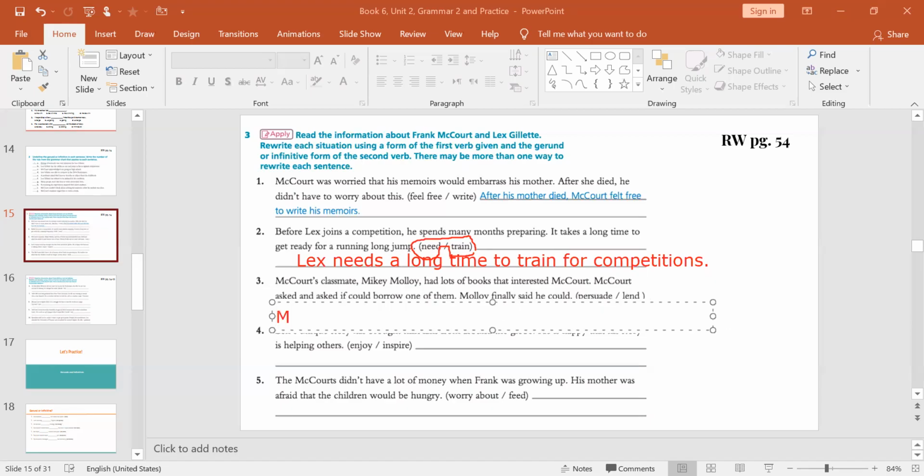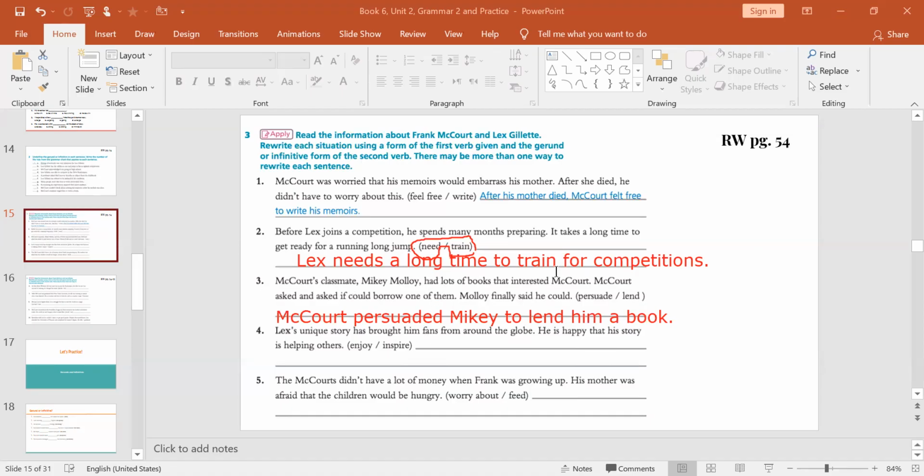You can say McCourt persuaded Mikey to lend him a book. Okay, so again, we're using the past tense because this sentence was written in the past, and then we have to lend as a second verb.